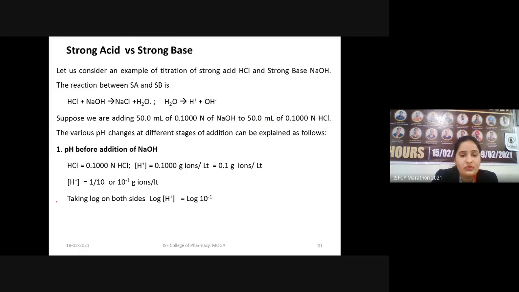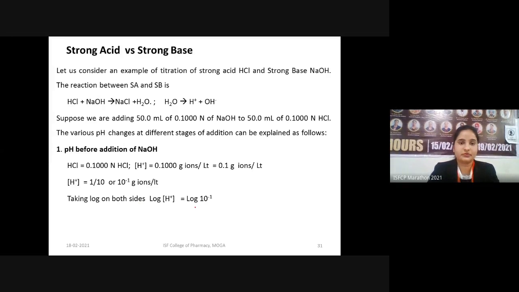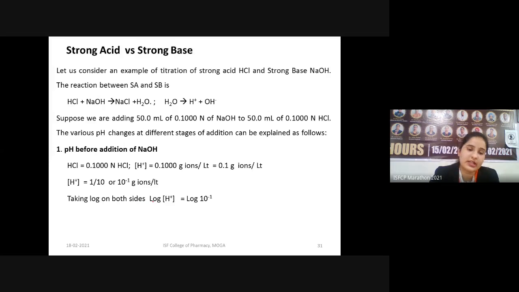When we take log on both sides, because we want to find the pH, we get log H positive is equal to log 10 to the power minus 1. After that, definitely we will be taking the negative sign on both sides, and on the left hand side we will get the pH.